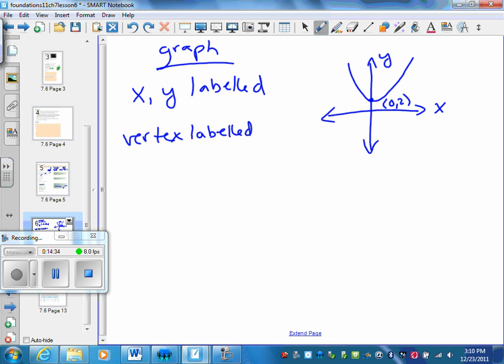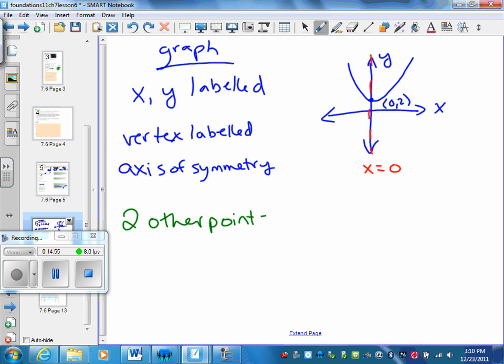I like your axis of symmetry labeled as well. Usually we put a dashed line, and at the bottom we would say x equals 0.